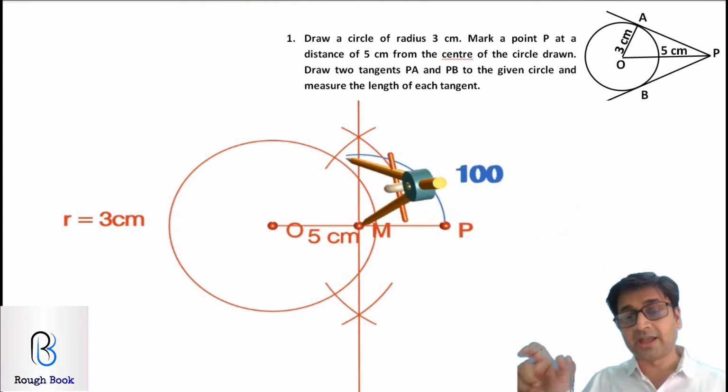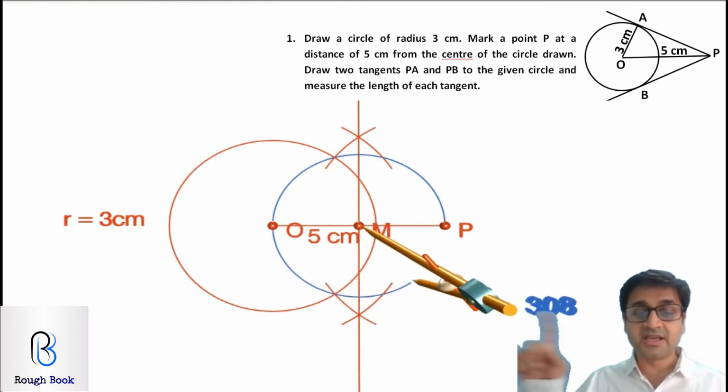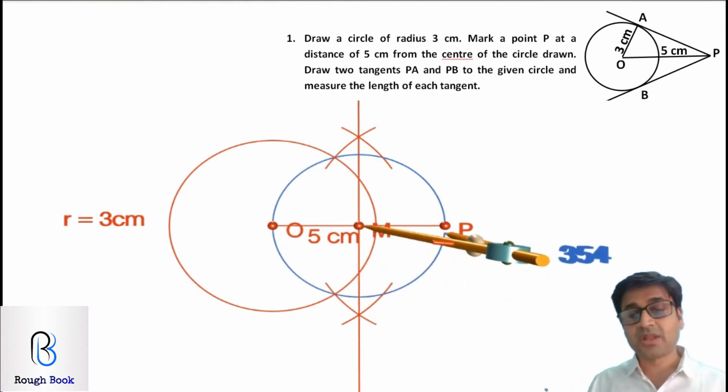Keep your compass on M, go to P as your radius and construct a circle. This circle that you've drawn is almost taking you right to the end of the sum. How will you get your tangent? Can you see this point of intersection here? If you join this point with P, let's call this point A. So if I say PA, it is going to touch the circle only at one point, and therefore automatically it becomes your tangent.